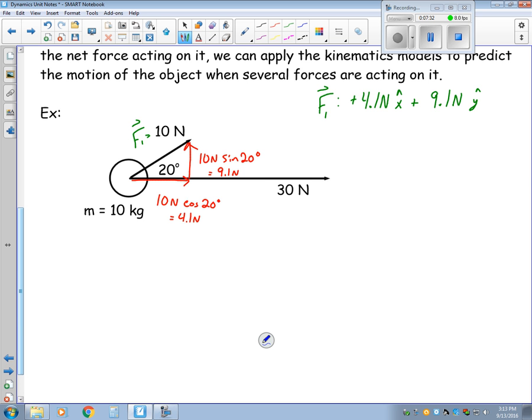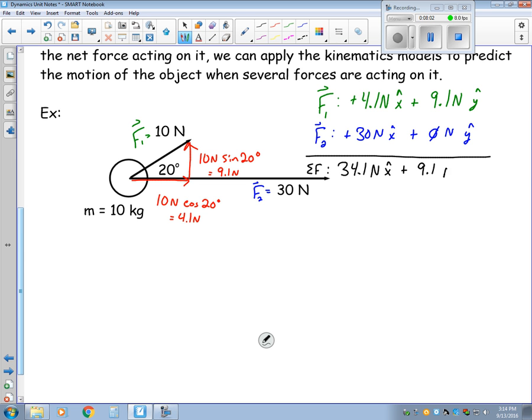The 30 Newton force, I'll call that F2, and it would be positive 30 newtons in the x direction plus 0 newtons in the y direction. And now I can bring these together. So the net force would be 34.1 newtons in the x direction plus 9.1 newtons in the y direction.